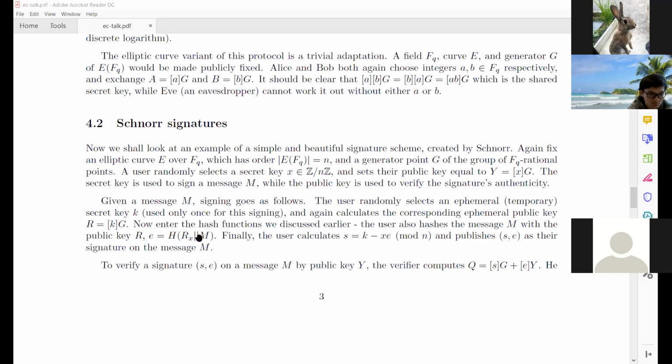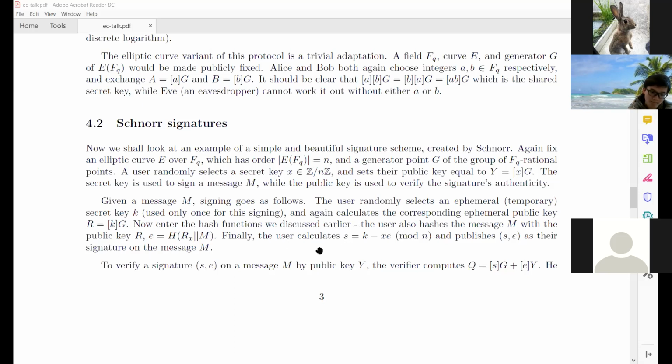It's not really important how they both get fed into the hash function, but you could, for example, literally join the two numbers together, or treat them as strings, one after the other, and feed them into the hash function, and we'll get some fixed size number out. So this might be 256 bits or whatever. And that binds the message and this temporary public key into the signature.